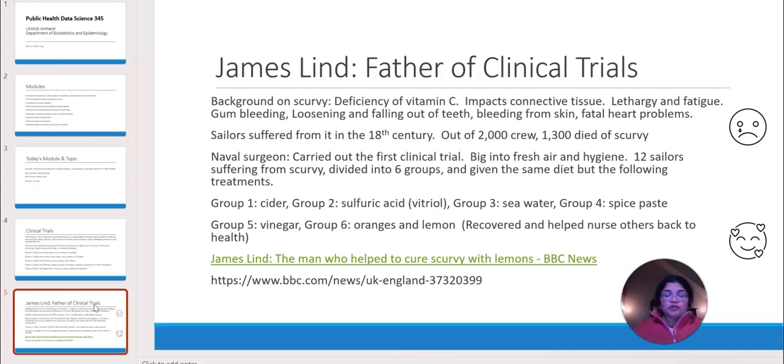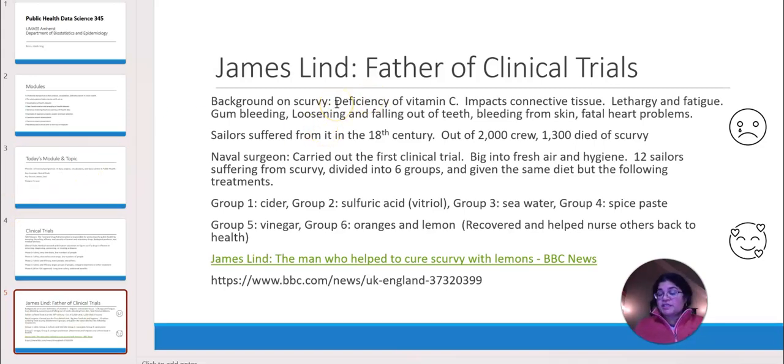So, as I said before, James Lind is considered the father of clinical trials, and he was a naval surgeon. Back in the 17th and 18th century, scurvy was the bane of existence for sailors. A little bit of background on scurvy.